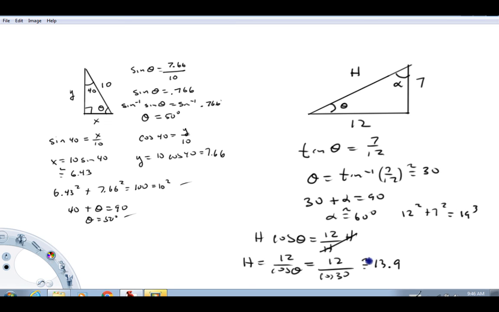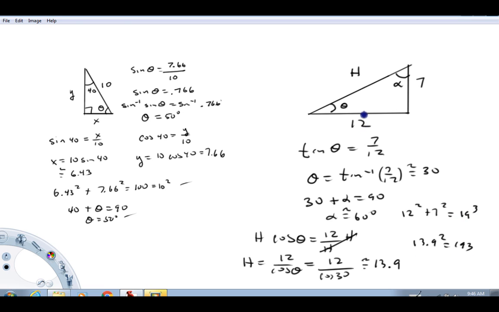Okay, I get 193.21 when I take 13.9 squared, and 12 squared plus 7 squared is 193. So 13.9 squared is also about 193.